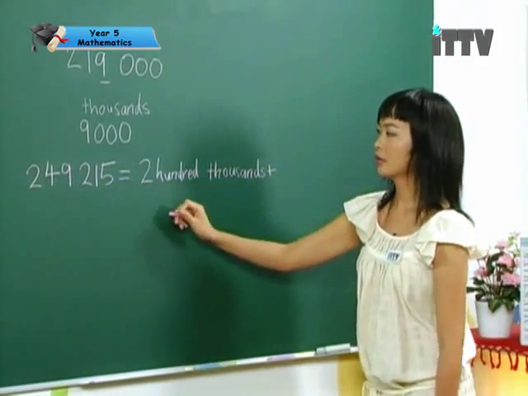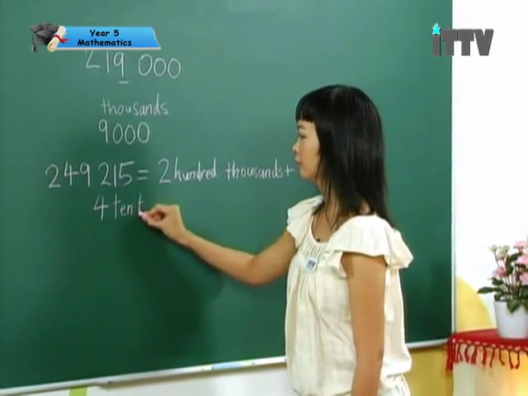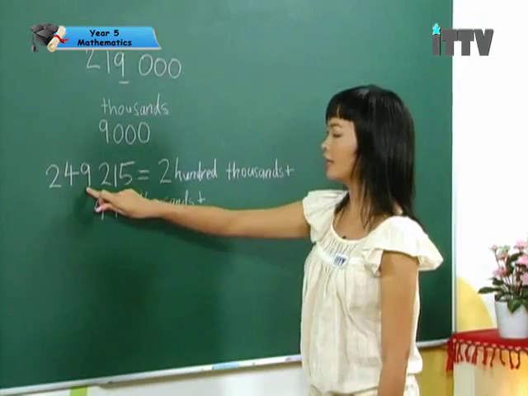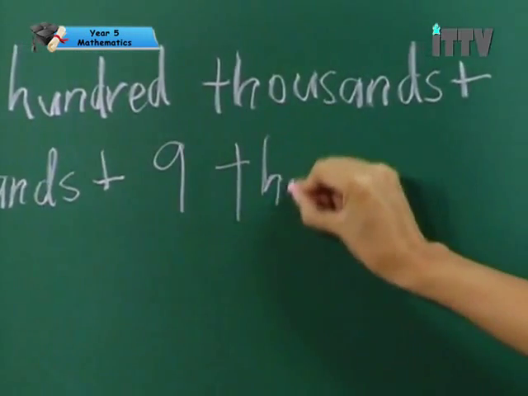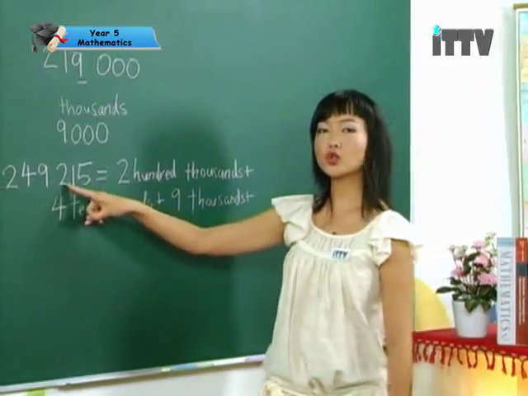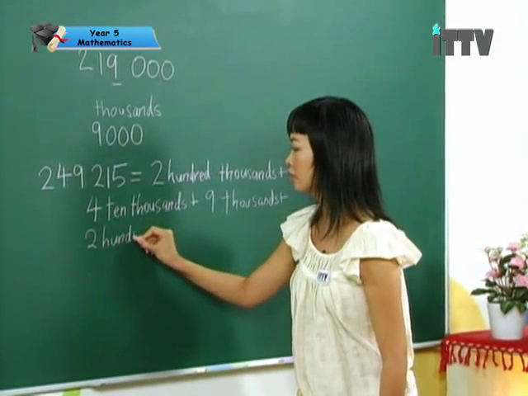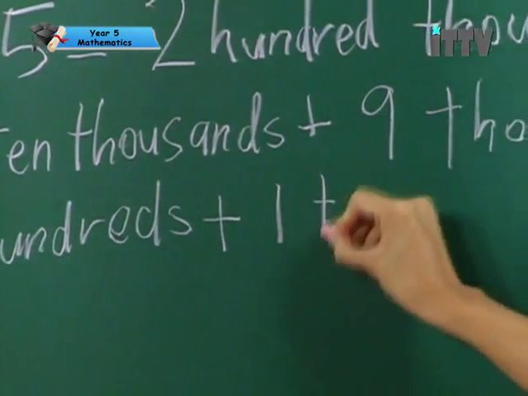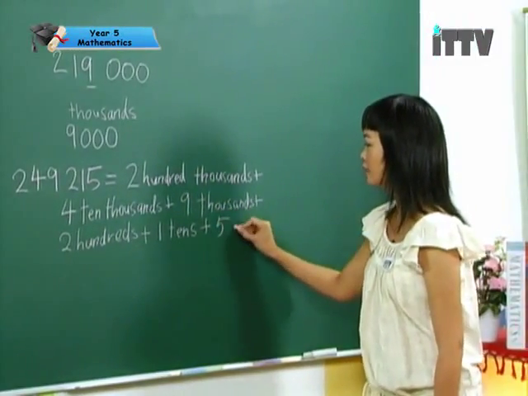Plus 4 10,000s, right? 4 10,000s. Okay. And 9 is at the place value of thousands. So we have 9,000. What's next? 2 is at the place value of hundreds. So we have 200. Next, the tens. 1 ten. And finally, how many ones do we have? 5 ones.